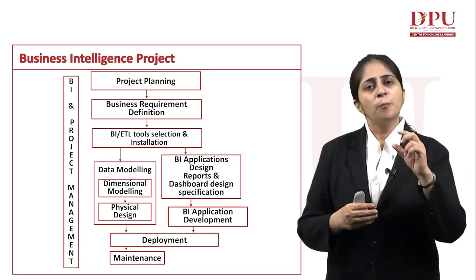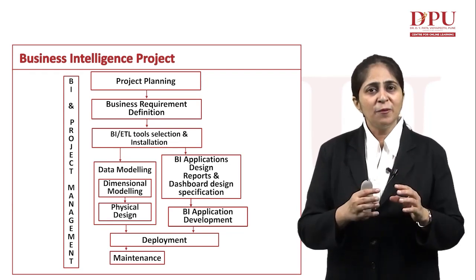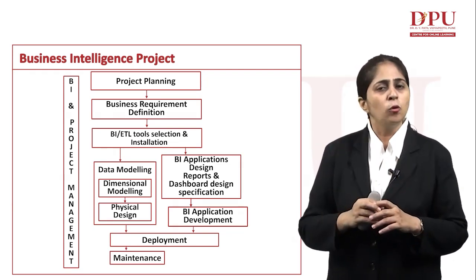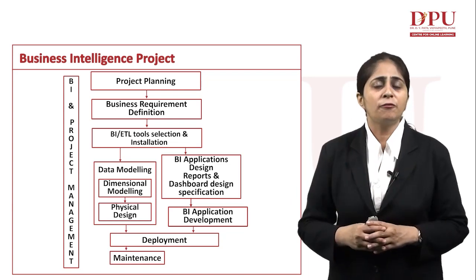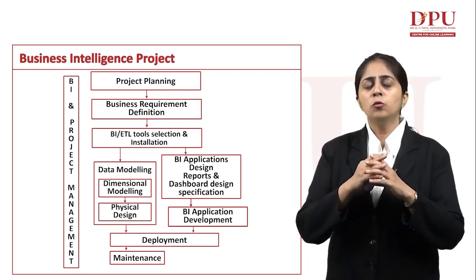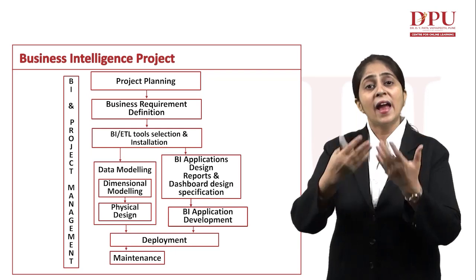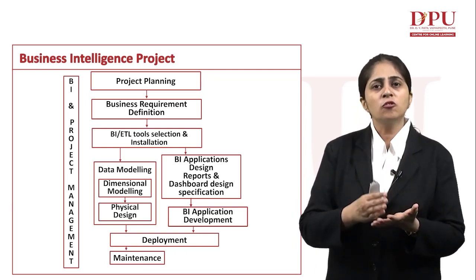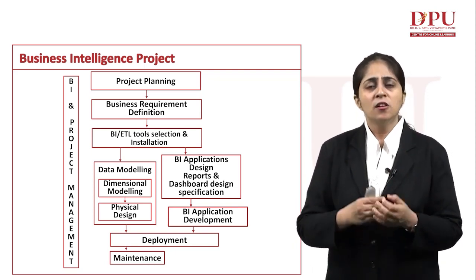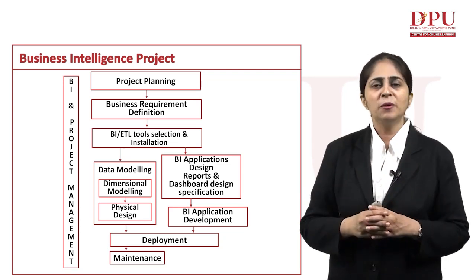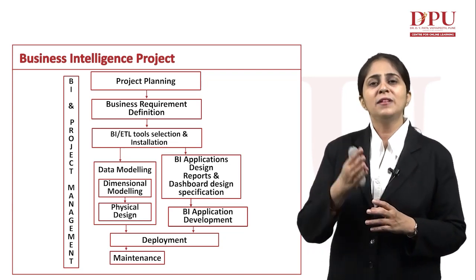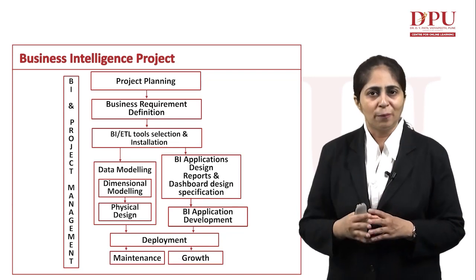Another maintenance is preventive maintenance. Preventive maintenance is where we prevent our whole system from the occurrence of any error. We do not allow our system to have any error. That is called preventive maintenance. So these two types of maintenance can be done for the project, and further we need to work on the growth of the project.